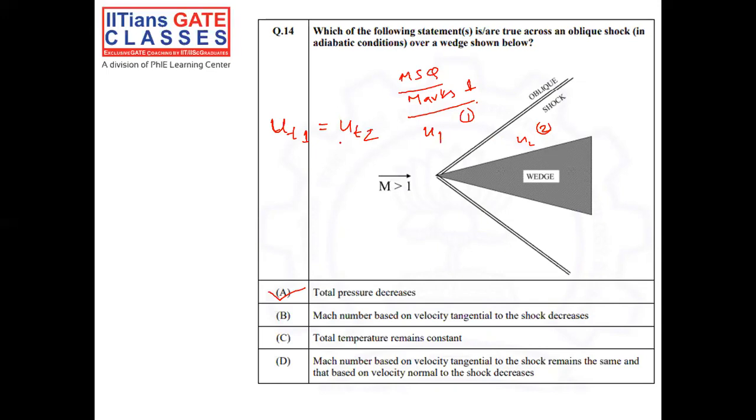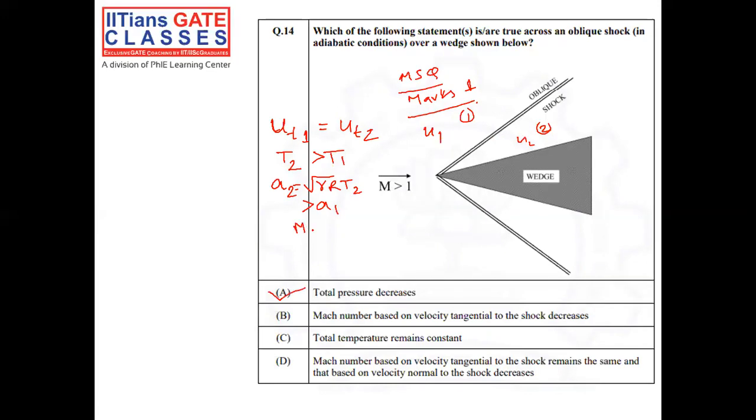Now across an oblique shock, static temperature always increases. So T2 will be greater than T1, and hence a2, which is root over gamma R T2, is again greater than a1, as T2 is greater than T1, right?